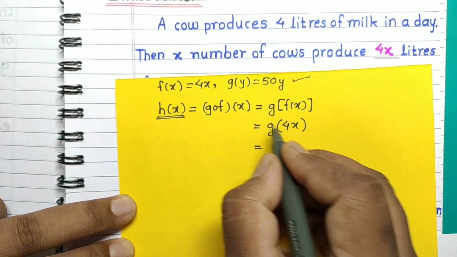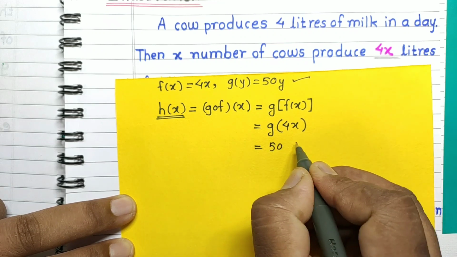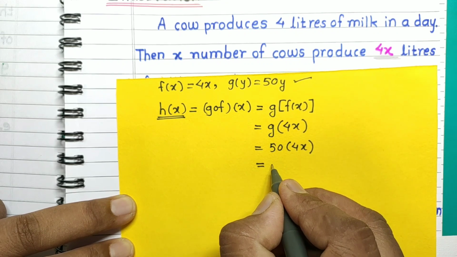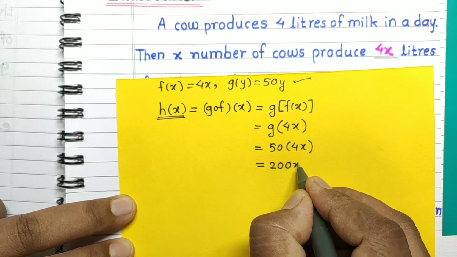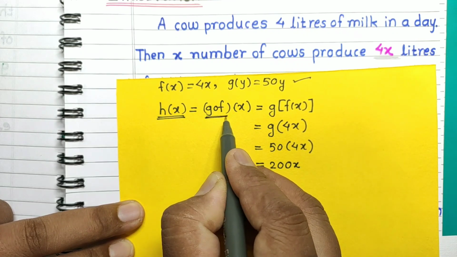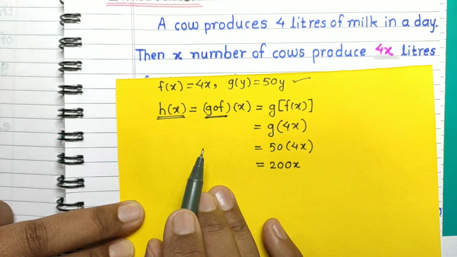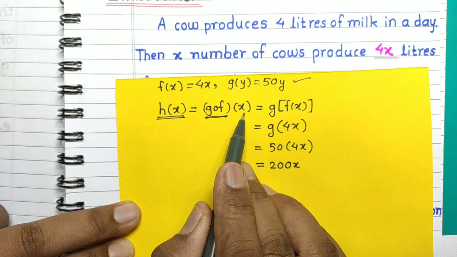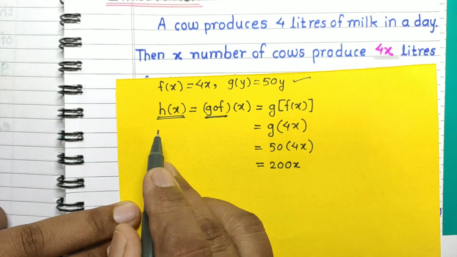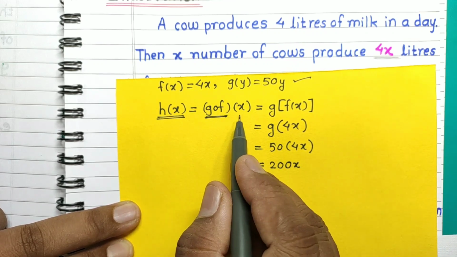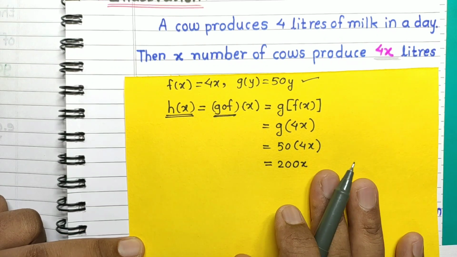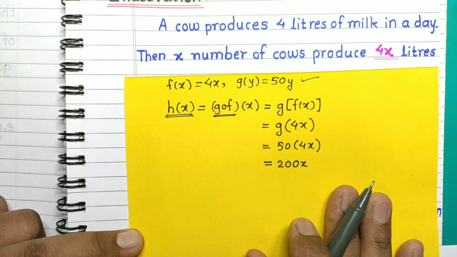So this is 50 into 4x, which is 200x. So this composition is the money earned from x number of cows in a day. This is an illustration of composite function in day-to-day life. So this is all about the concept of composite function.